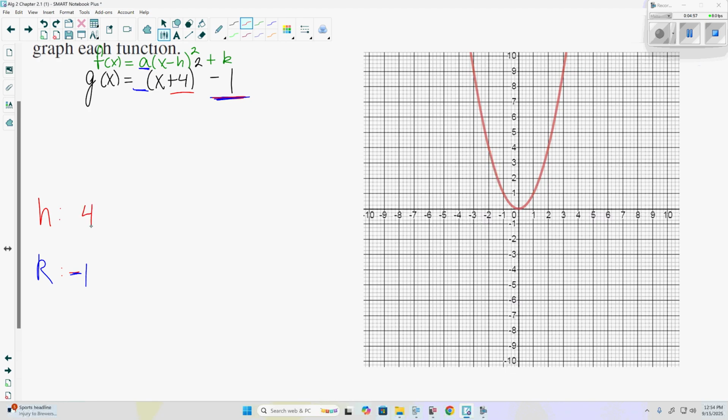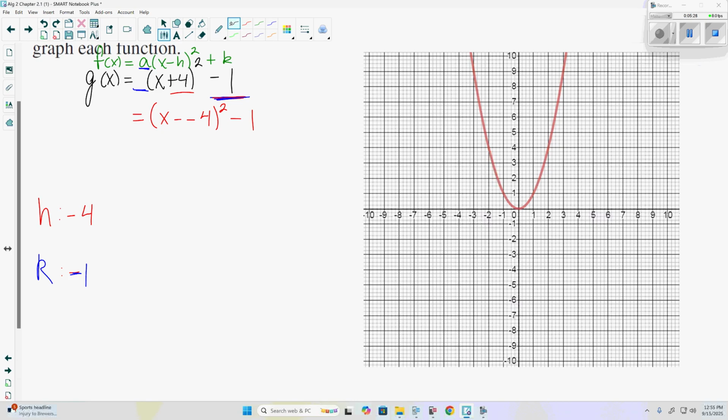And the number for h would indeed be 4. Now, would it be positive 4 or negative 4? It would be negative. Because for us to get this to line up with the general form, the only way for us to get it to go from x minus h to x plus 4 is if that value of h is negative. So really what we're looking at is x minus negative 4, telling us that the value of h is negative 4.